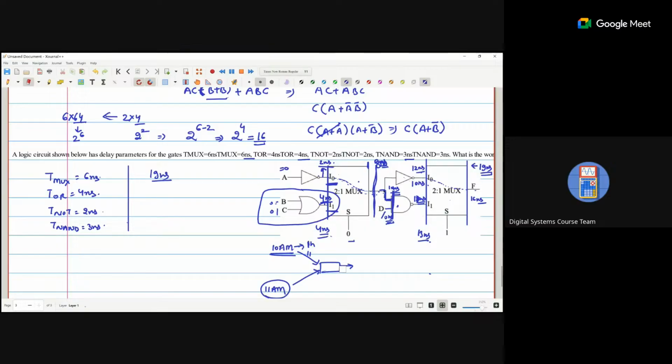If S is 1, you have to wait for this one, so it will come at 11 nanoseconds. 6 nanoseconds are taken by the mux, so it is 17 nanoseconds. And if it is just A and B, then the worst case delay is 19 nanoseconds. So if the values of the select lines are given, then we have to see what path has been followed and select that particular thing.